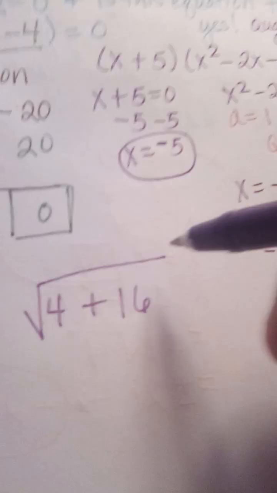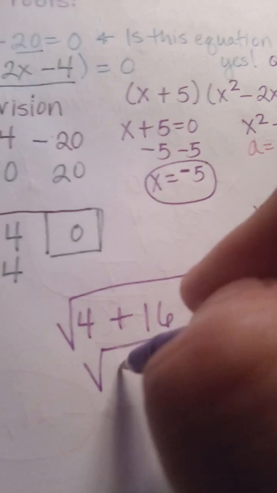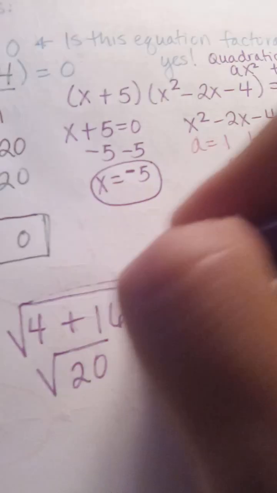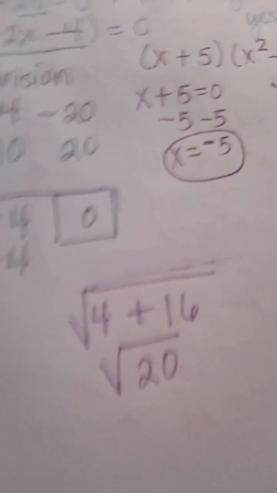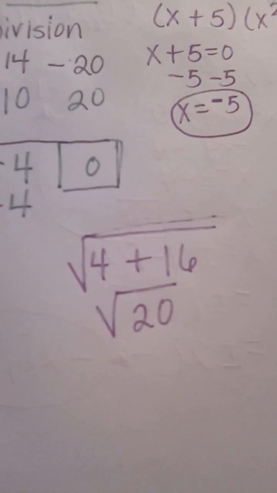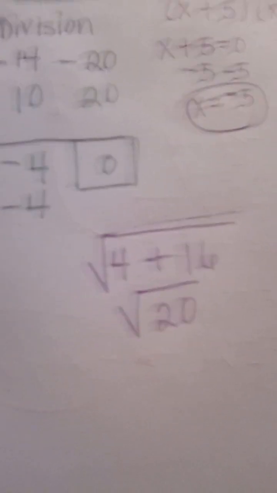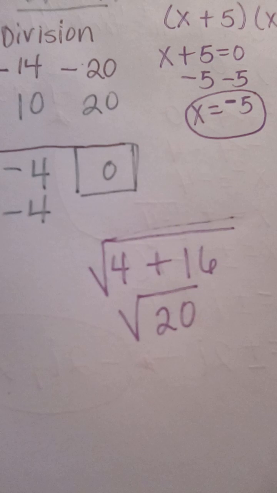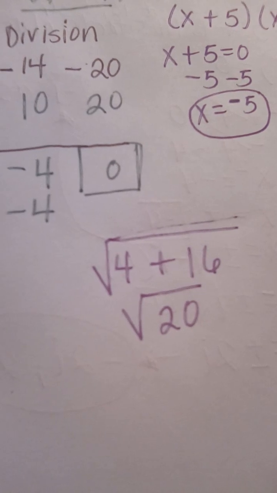That gives us 20, right? All right, question. On this part, what are the factors of 20? If you put it in the calculator, it'll be 2 square root of 5.